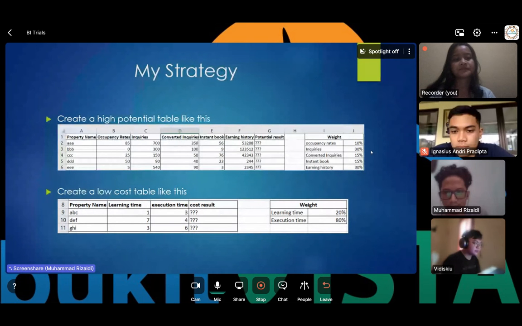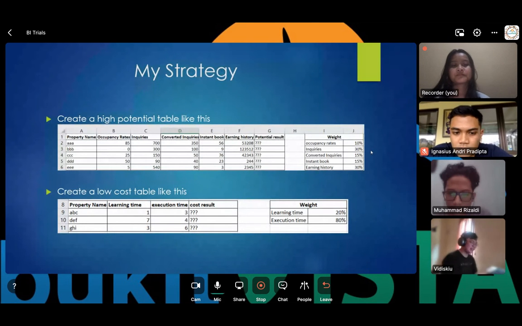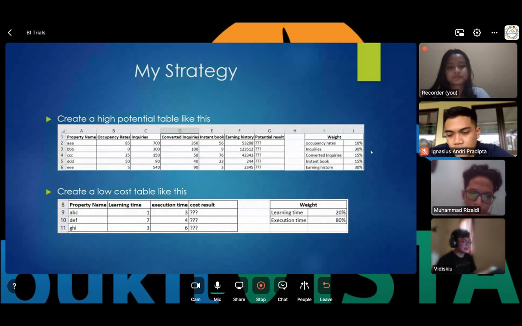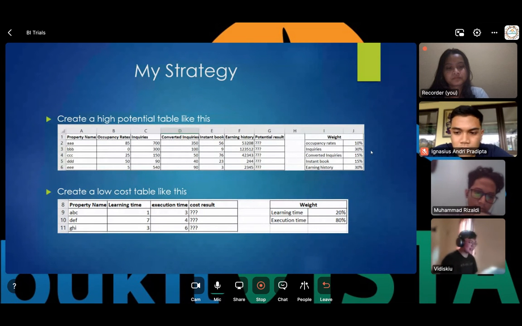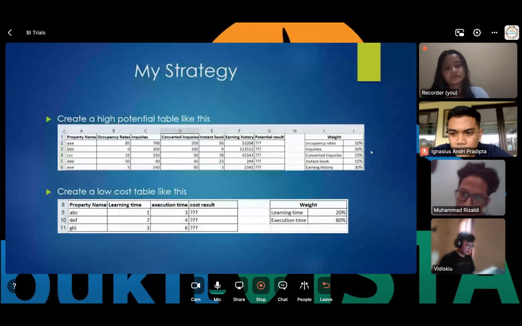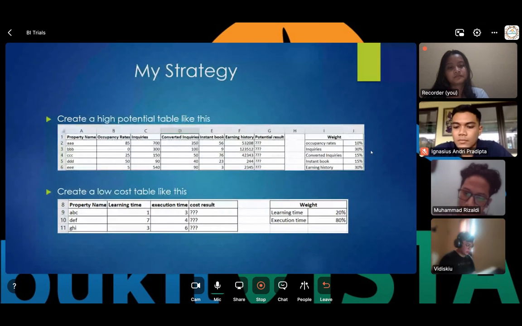How do you measure the learning time and execution time? Is it an approximation? Is it based on the property size or anything? I think how to do this is maybe from the previous optimization. If the property is already optimized, then you can use the previous optimization as reference.